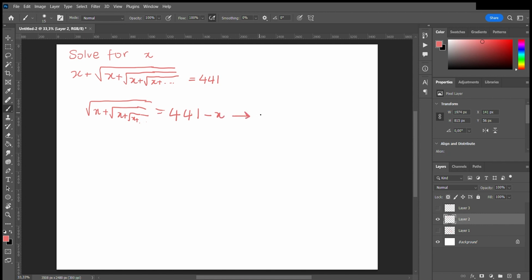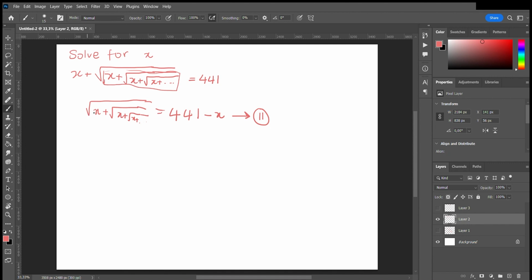This is our equation 2. And once we learn that this will always equal 441 minus x, we want to solve this part right here. I want to know what that equals.